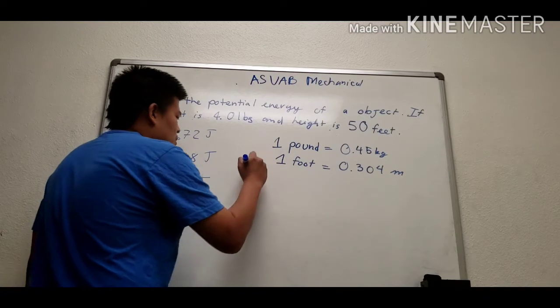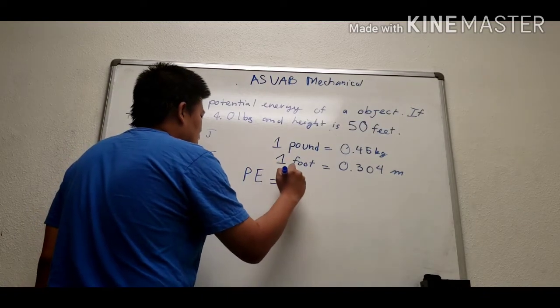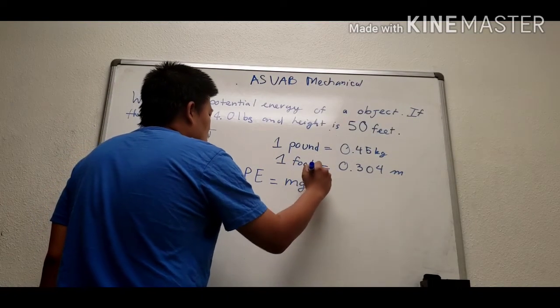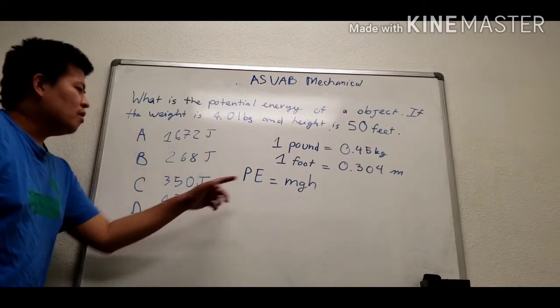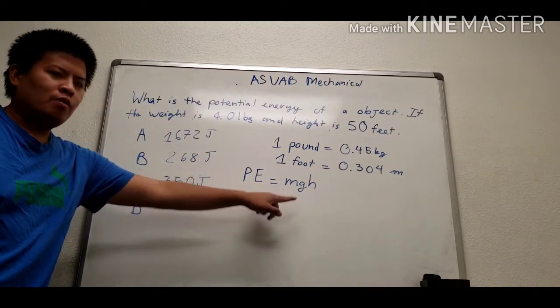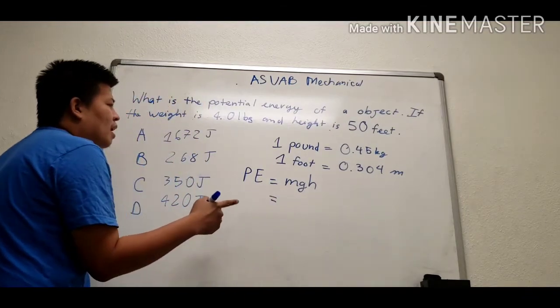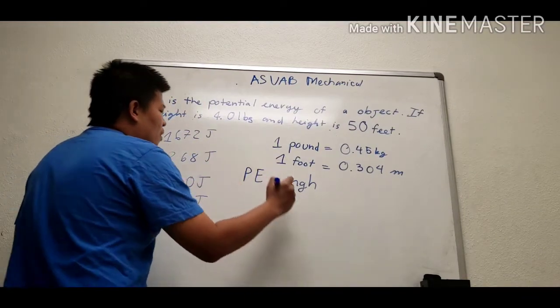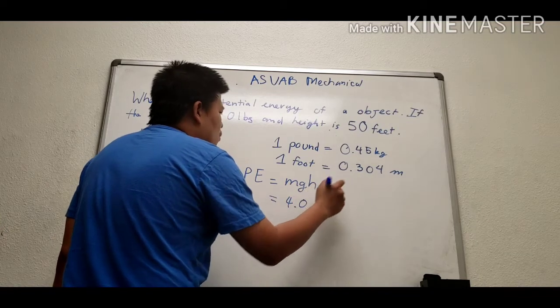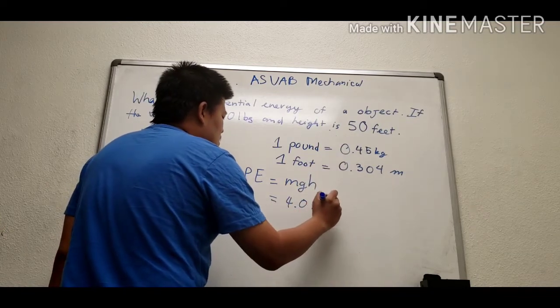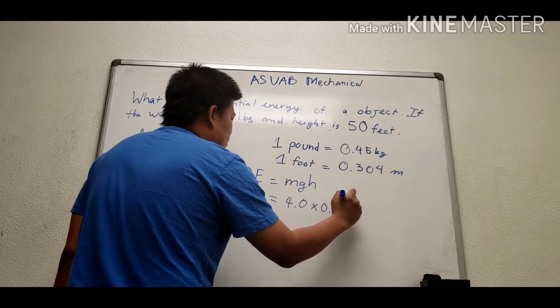So in the potential energy, we have the formula M multiplied with G multiplied with H, and we have M is about 4 pounds. We multiply with 0.45.